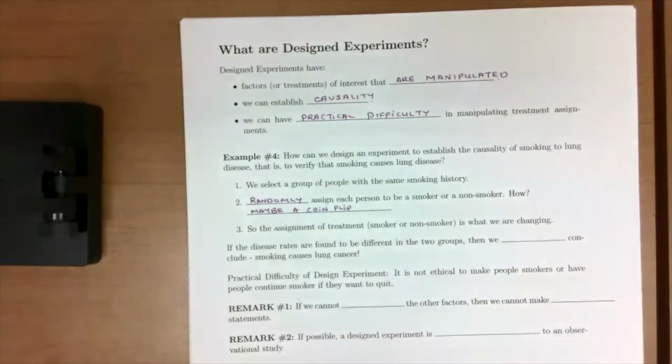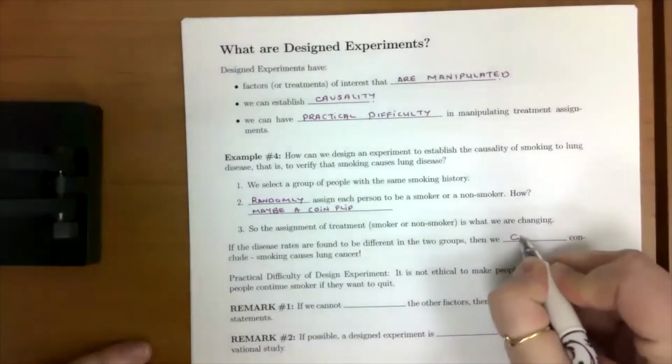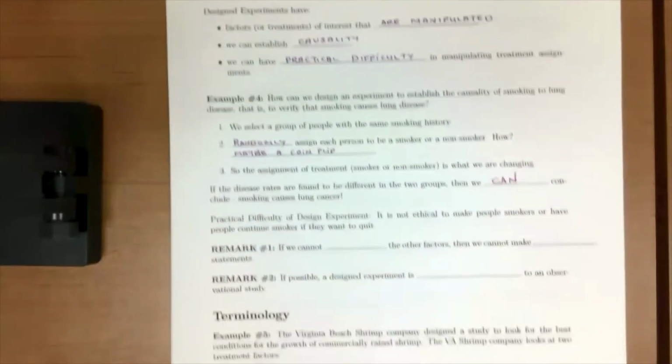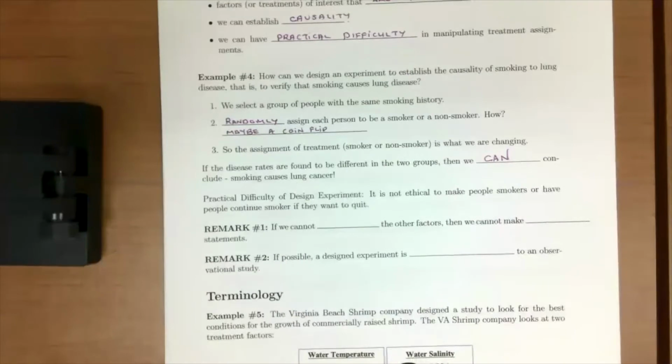And if the disease rates are found to be different in the two groups, then we can conclude that smoking causes lung cancer. The practical difficulty in this design of experiment is that it's not ethical to actually make people become smokers, especially if they're trying to quit. So IRB would definitely not approve of this study.